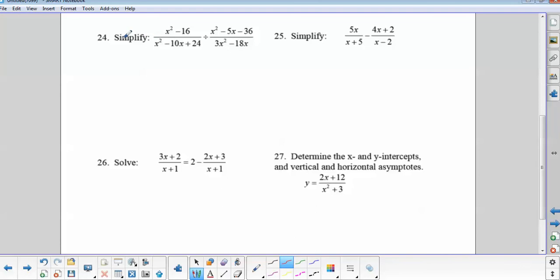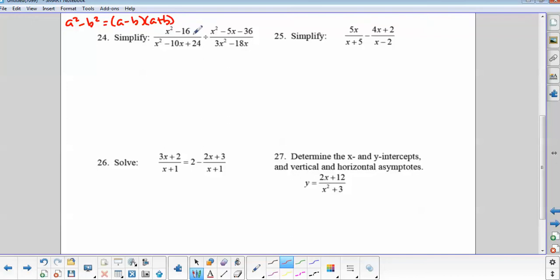Alright, in number 24, again we're going to be factoring. So up here, this is a difference of squares. You need to know your difference of squares pattern. If you have a squared minus b squared, it factors to a minus b times a plus b.